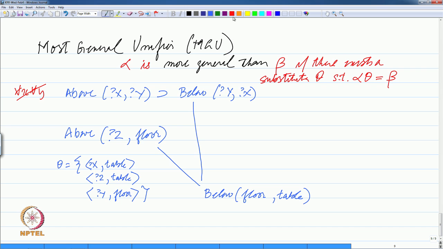So, observe that this substitution is a unifier for these two formulas, above x y and above z floor.